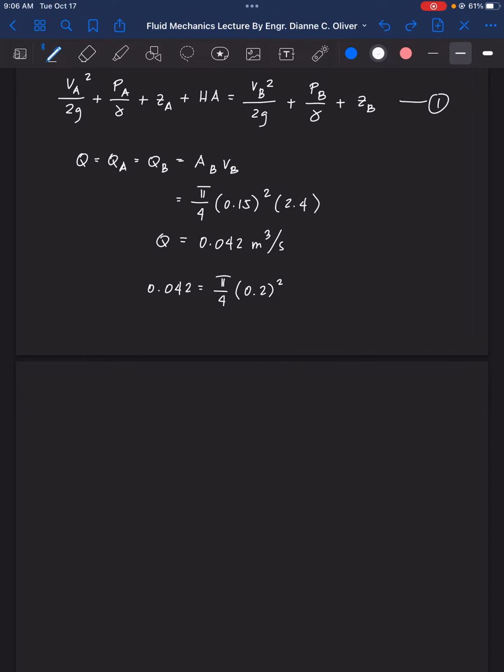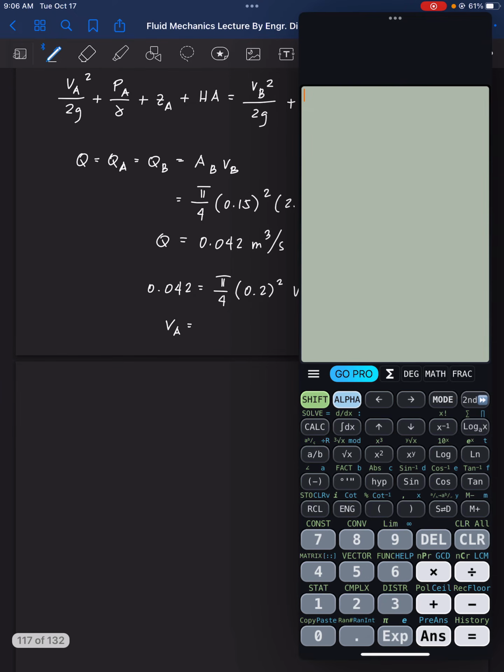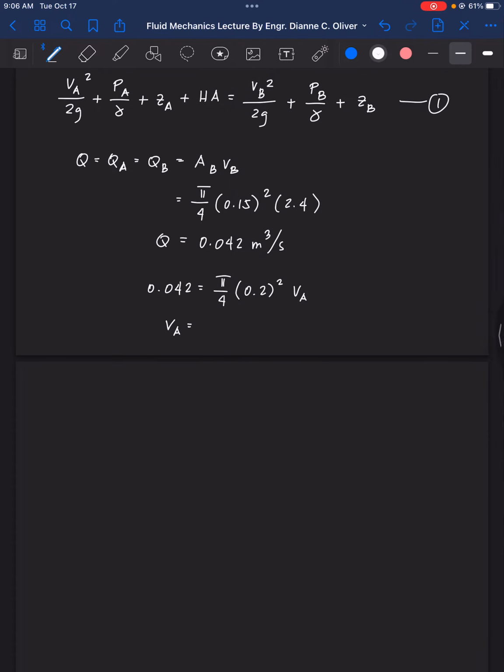And we're looking for the velocity at A. So VA is equal to 0.042 times 4 all over pi times 0.2 squared. So that is 1.34 meters per second.